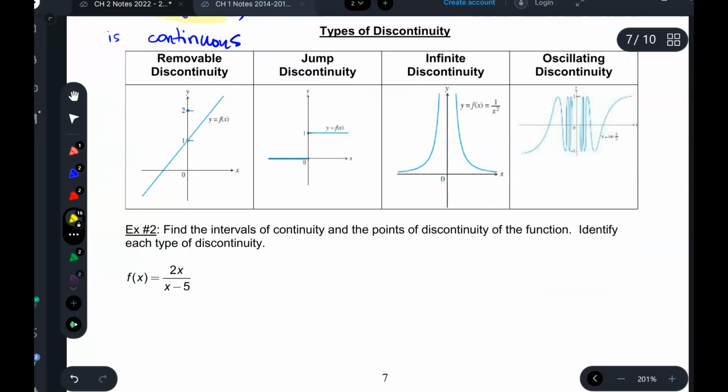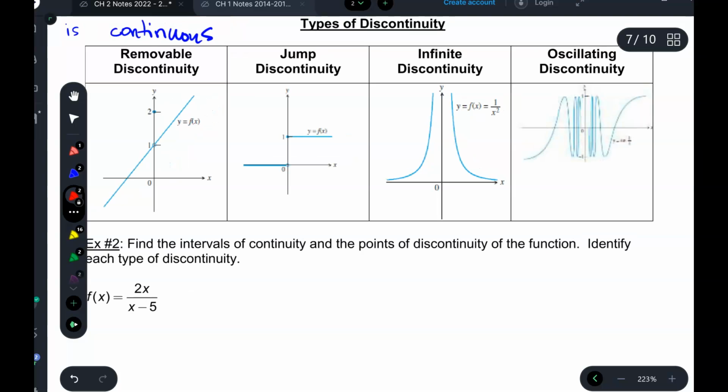Okay, we already talked about this, right? Removable, jump. What's the difference? Like in terms of limit, what does that mean for removable discontinuity? This is when the limit from the left is equal to the limit from the right, but not equal to f of 0.